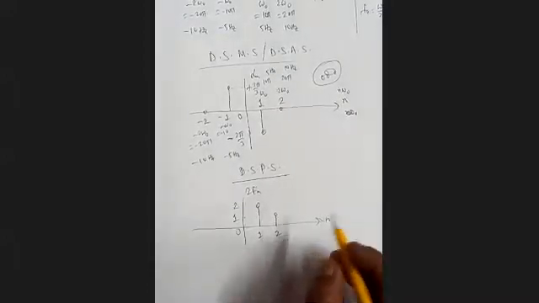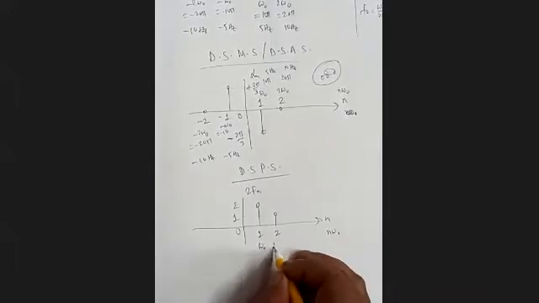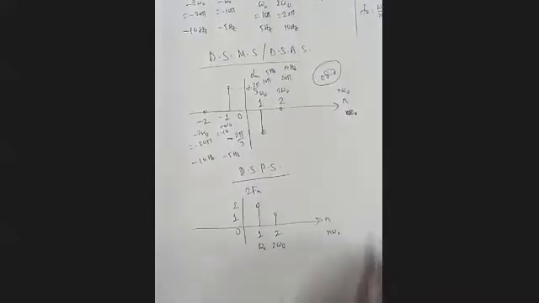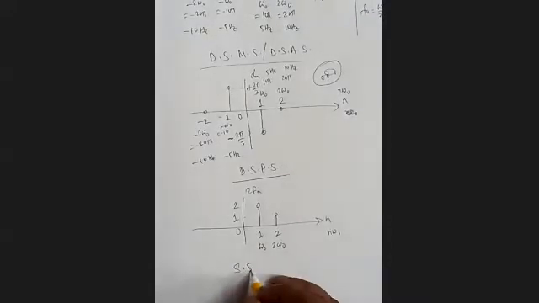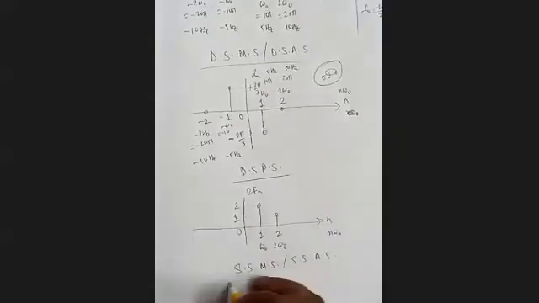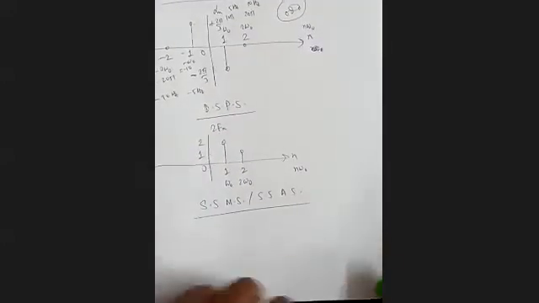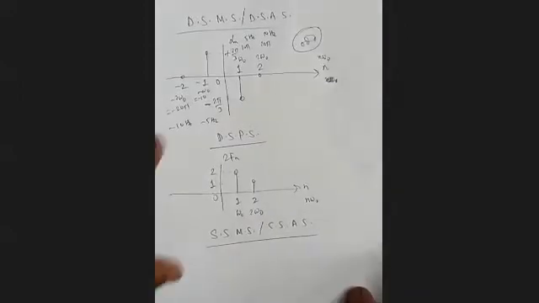Similarly, you can put it on the omega 0 scale as that one. So it is single-sided magnitude spectrum or single-sided amplitude spectrum. It's coming from Fourier cosine series. And for alpha n versus n, the negative part will be removed only. That's all.